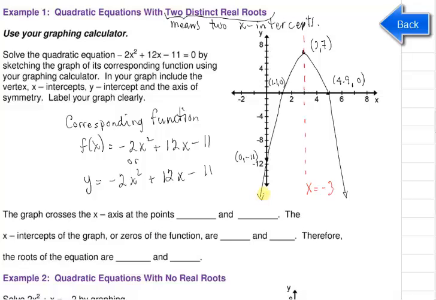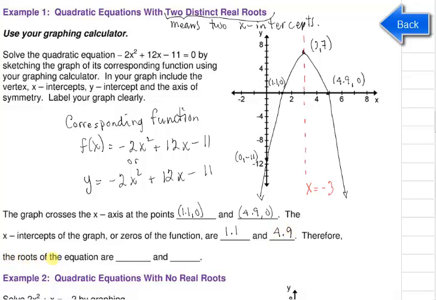Alright, and this is what we get. So the graph crosses the x-axis at the points (1.1, 0) and (4.9, 0). The x-intercepts of the graph, or the zeros of the function, are 1.1 and 4.9.